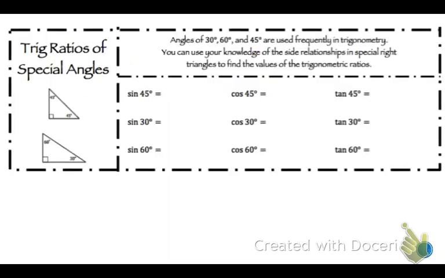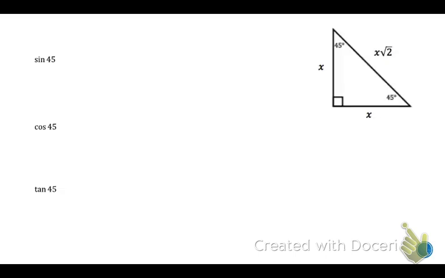Okay, let's finish with doing some trig ratios, and I'll try and go through this fast. So we need to find the sine, cosine, and tangent of 45 degrees. So there's my 45-degree angle. Let's label our sides. That's the hypotenuse. That's the opposite. That's the adjacent.